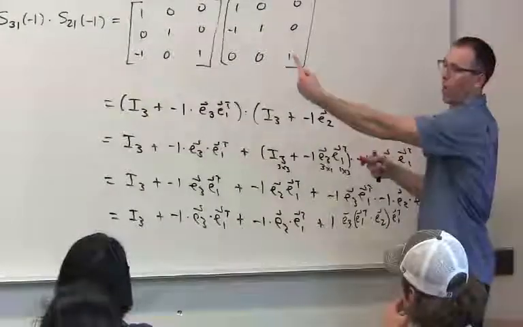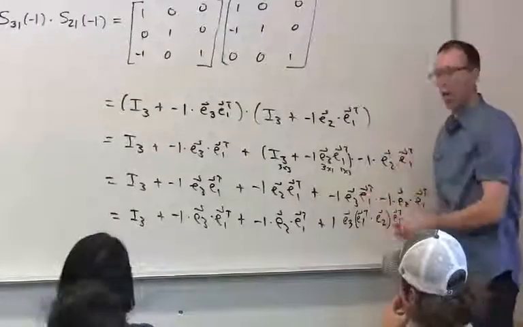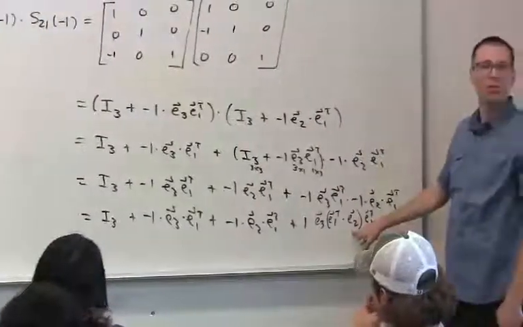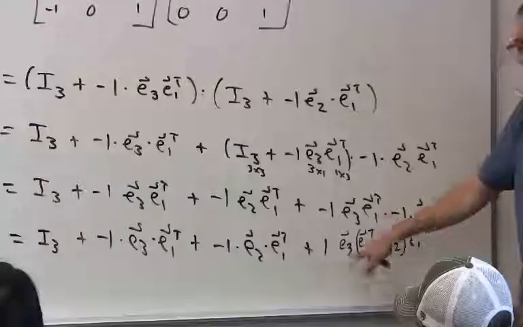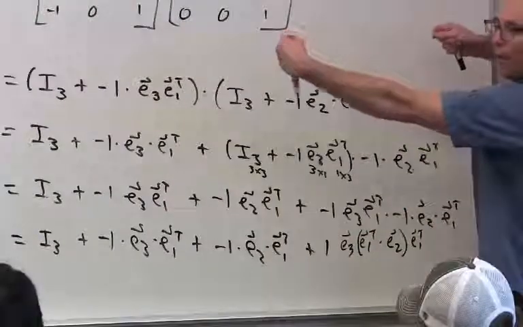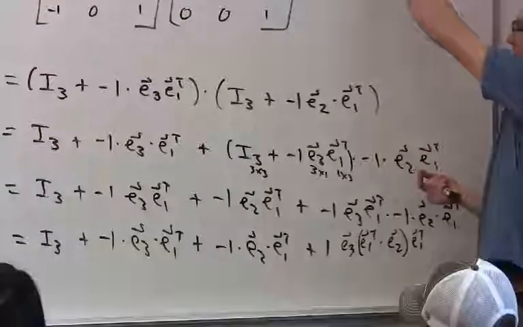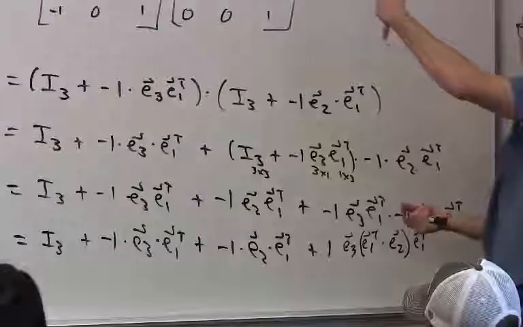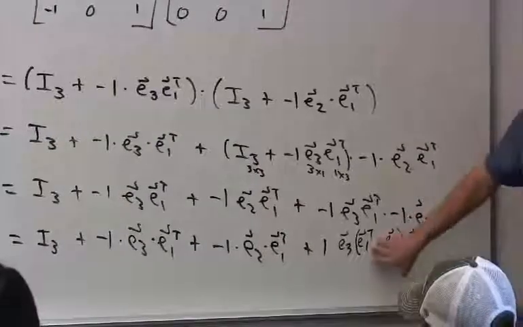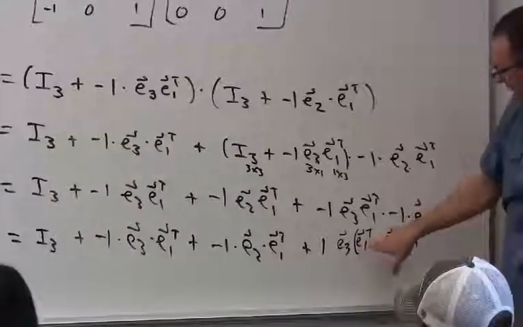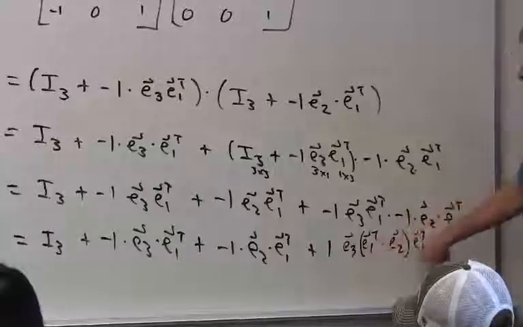So now I've got a 1 followed by all zeros. What is E2? 0, 1, 0, 0, 0, 0. So now I've got a 1 followed by all zeros as a row vector, and a 0, 1 followed by all zeros as a column vector, and I multiply them together. What do I get? So that's 0, which means that I have a 0 times E3 times E1 transpose.